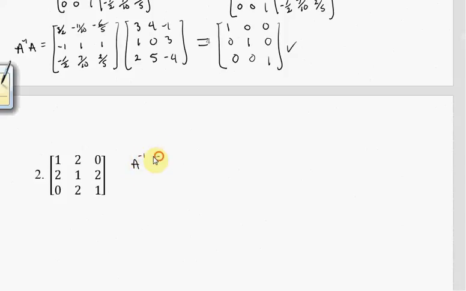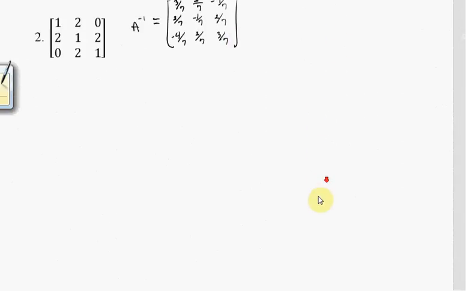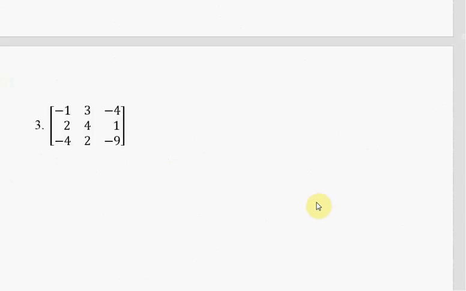A inverse comes out here to be this matrix: 3 over 7, 2 over 7, negative 4 over 7, 2 sevenths, negative 1 over 7, 2 over 7, negative 4 over 7, 2 over 7, 3 over 7. You can work that and check that and see if that's what you get.